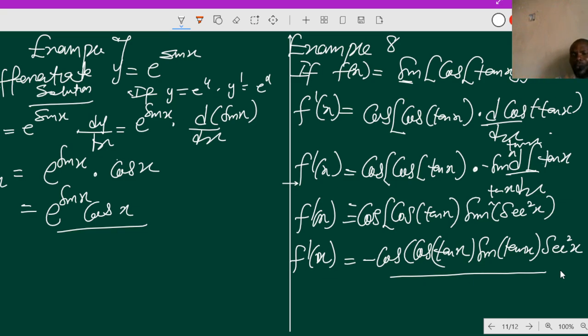What happened here is that we apply that formula twice, so when you apply the formula twice, this is what it brings.